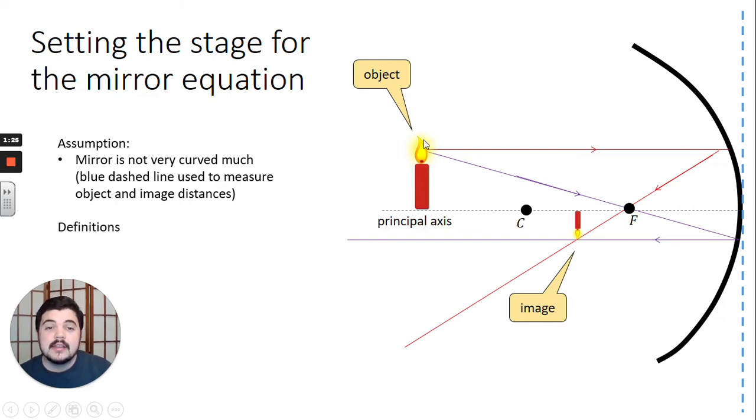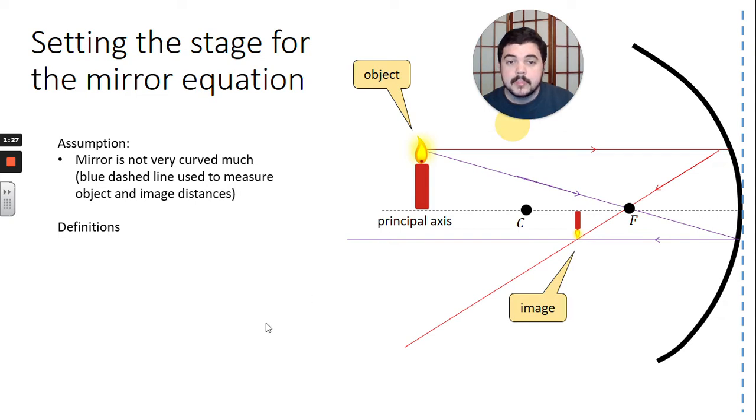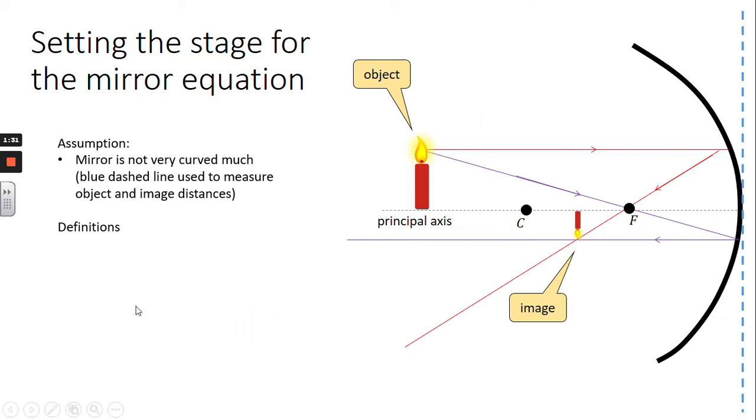Let's define some terms. Lowercase s subscript o, not a 0 for initial, but a subscript o for object, is the distance from the object to the mirror. It's the object distance.